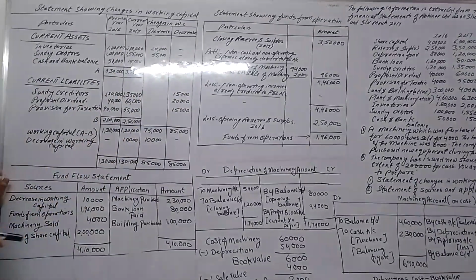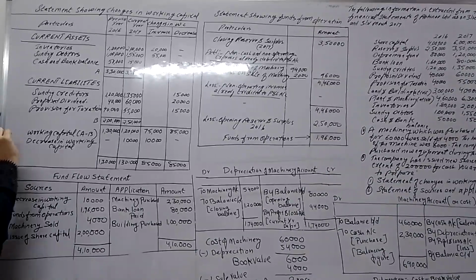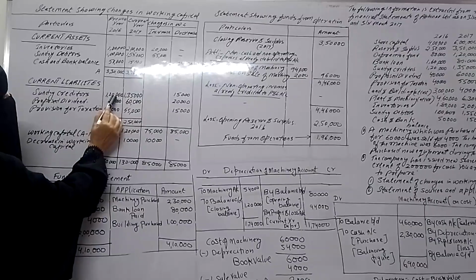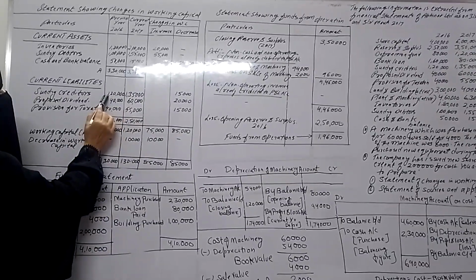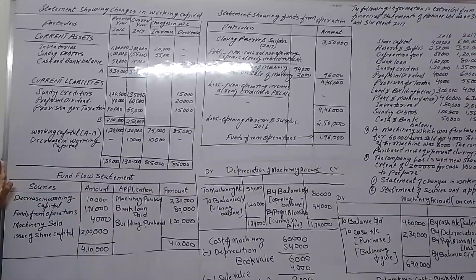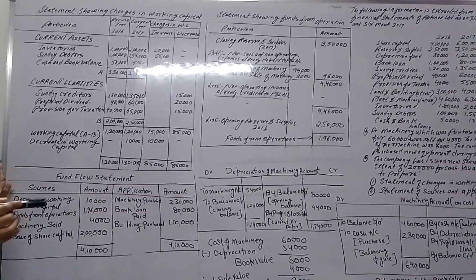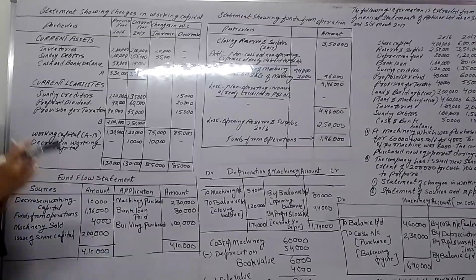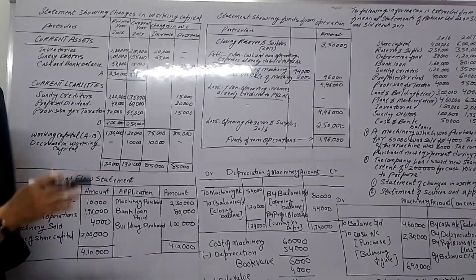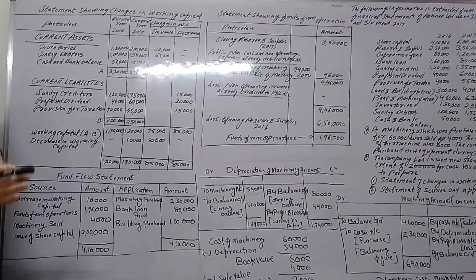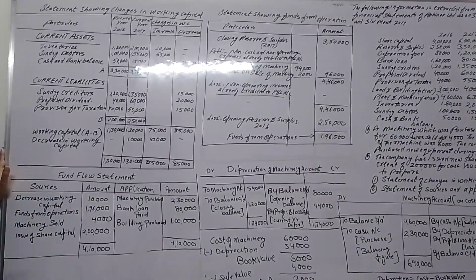Now come to the current liabilities. Under current liabilities, first creditors. Our creditors in 2016 are 1,20,000 and in 2017 the creditors are 1,35,000. Here creditors are increased from 1,20,000 to 1,35,000. The difference is 15,000. Here creditors are increased, but we have to write the difference in the decrease column.